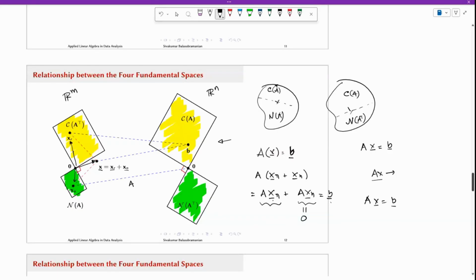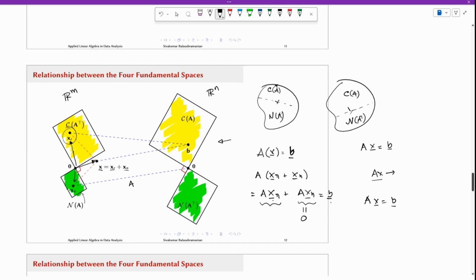Because there is a vector X_r that will get mapped to B. There might be infinitely many vectors, but there will only be one X_r that gets mapped to B. The infinite other possibilities are essentially additions from the null space. So this is like the particular solution, and everything else that gets added is the homogeneous solution, that's from the null space.